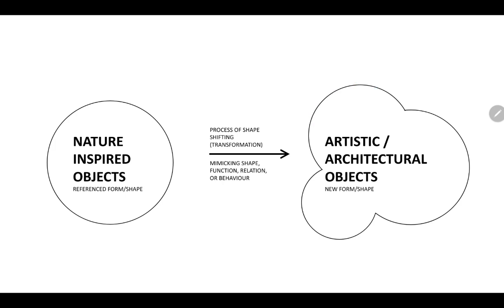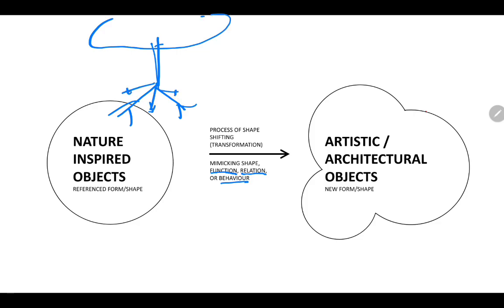The second approach is you can take the functions of the object. For example, you see the roots of a tree. The roots have the function to support or hold the tree against strong winds or other forms of lateral forces.